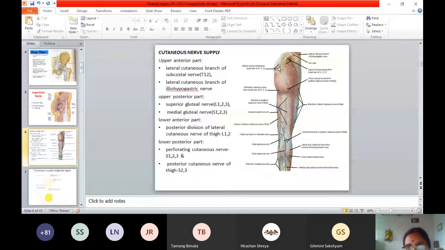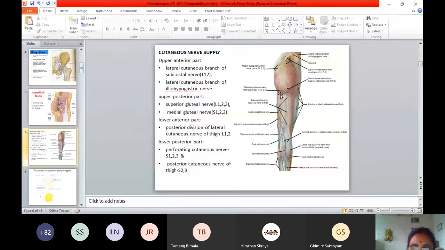Okay, so upper and anterior part is innervated by lateral cutaneous branch of iliohypogastric nerve and lateral cutaneous branch of subcostal nerve. Upper and posterior part are innervated by 2 nerves: branches from superior gluteal nerve and branches from medial gluteal nerve. And lower and anterior part, here you can see several nerves. They are the posterior division of lateral cutaneous nerve of thigh.